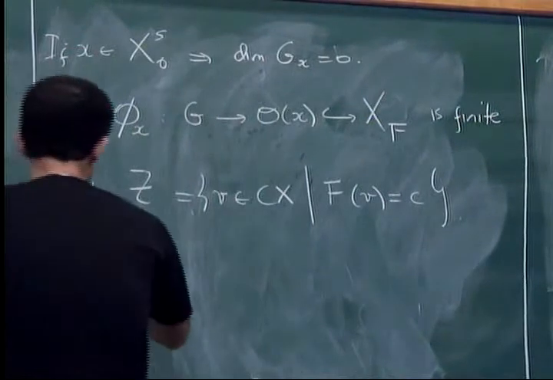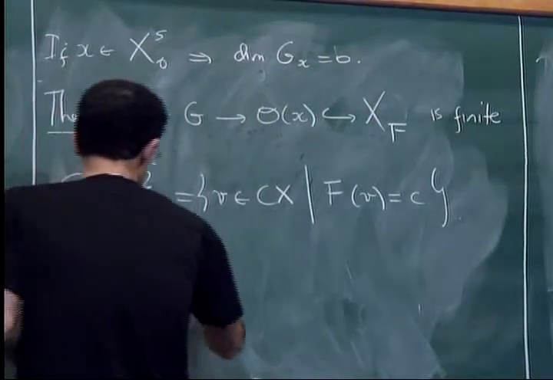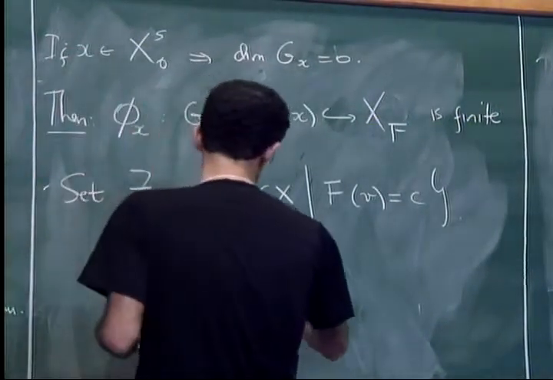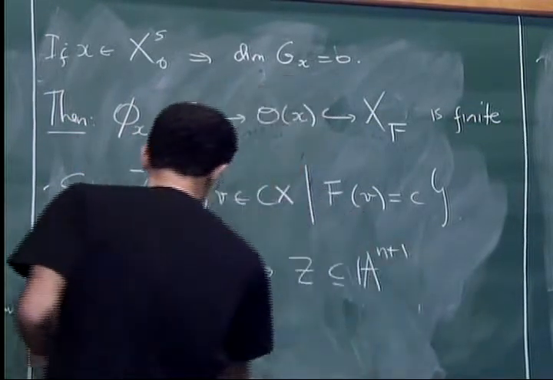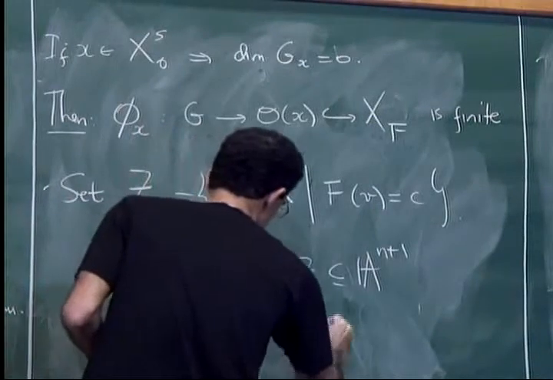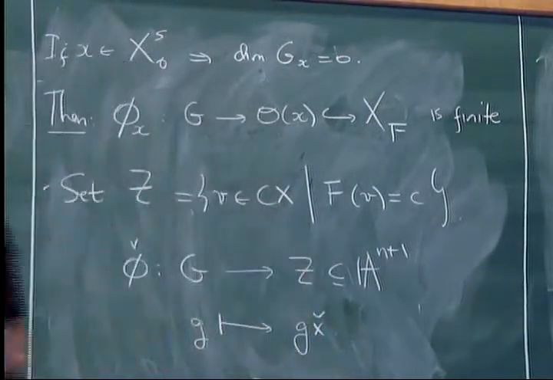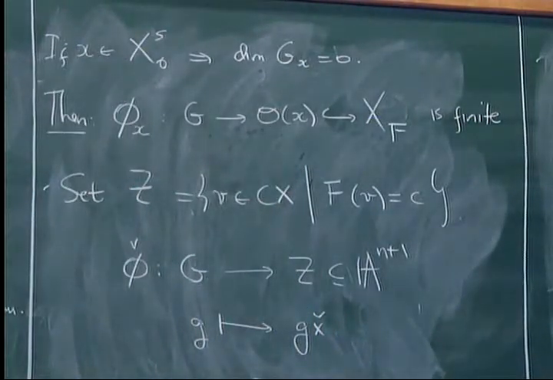And of course, my map phi check factors through Z. Right? Because F is invariant, and that C is the value on X check.